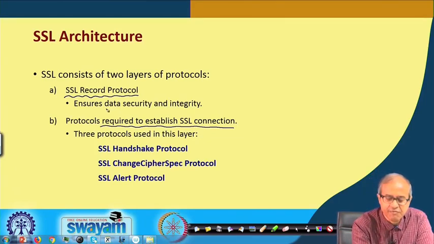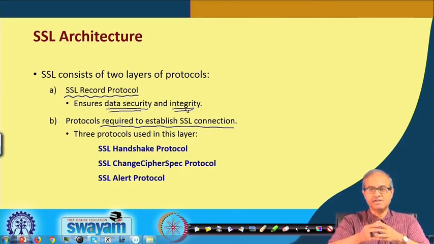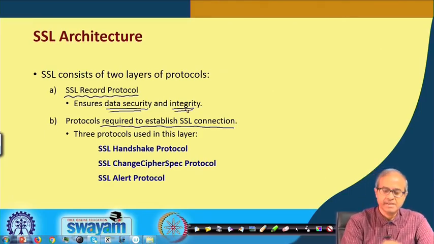They take care of data security and data integrity. That is the responsibility of the SSL record protocol.